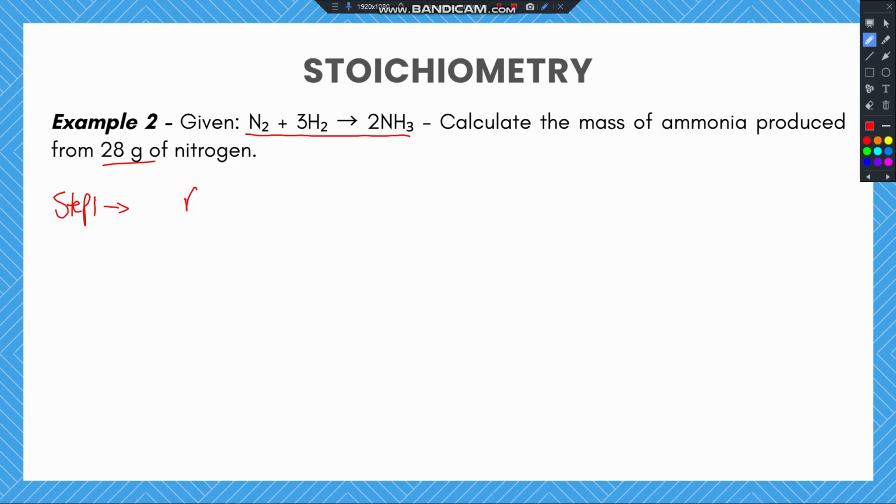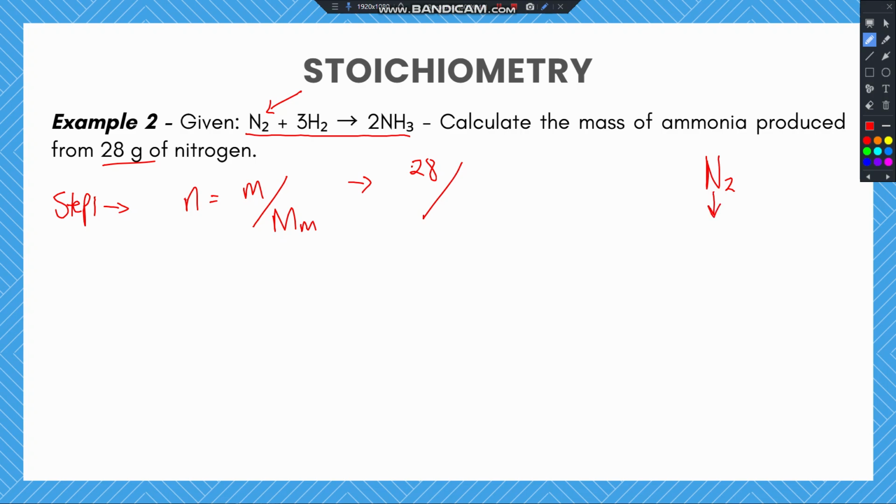So we know that number of moles is equal to the mass of a substance divided by its molar mass. And the mass of nitrogen in this case is 28 grams divided by the molar mass of nitrogen. The nitrogen molecule exists as N2. You can see it from the equation over here, N2.